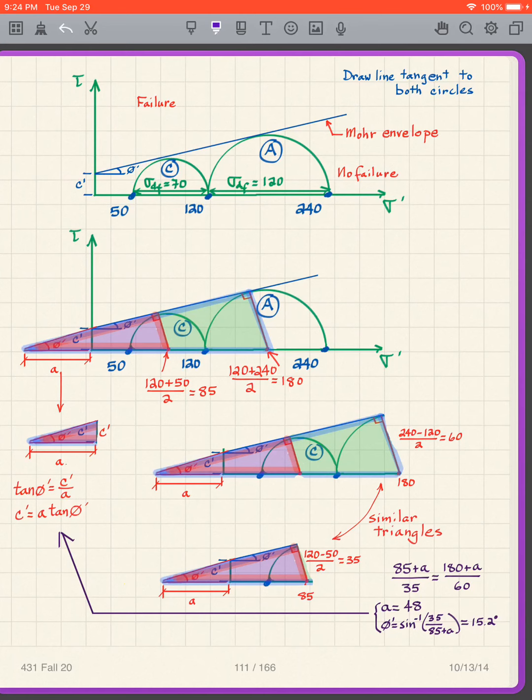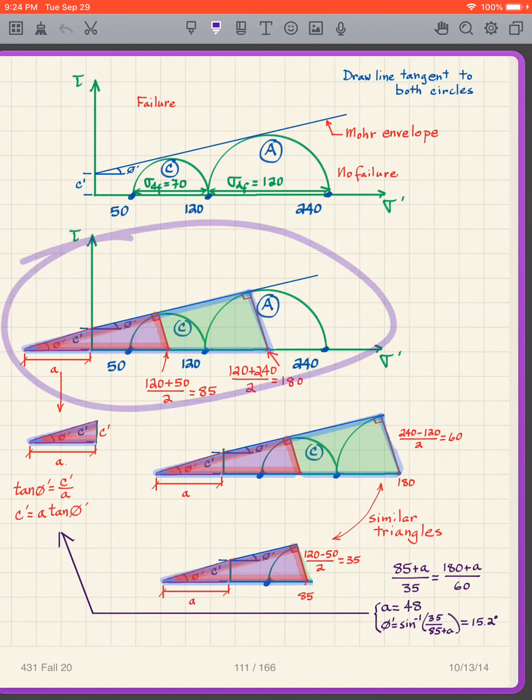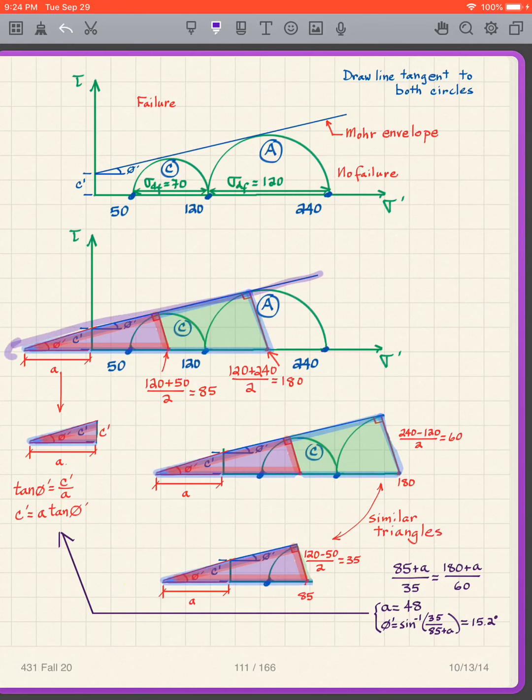So I'm just going to lay out a little bit of similar triangles. It's easy. If we look down here, we're going to create two similar triangles. I'm going to take this line, extend it all the way out, and call that distance A. I don't know what distance A is, but we're going to find it. I'm going to take this as a similar triangle to this triangle.